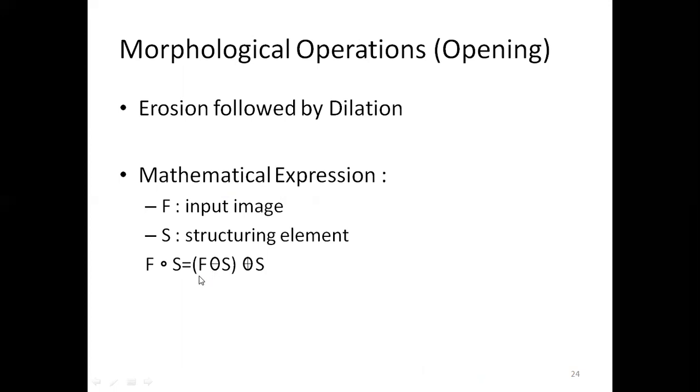So first, the source image will have erosion performed with the structuring element, which is this operation, and then the resultant image will have the dilation process applied with the same structuring element. That way it will give a clearer image.